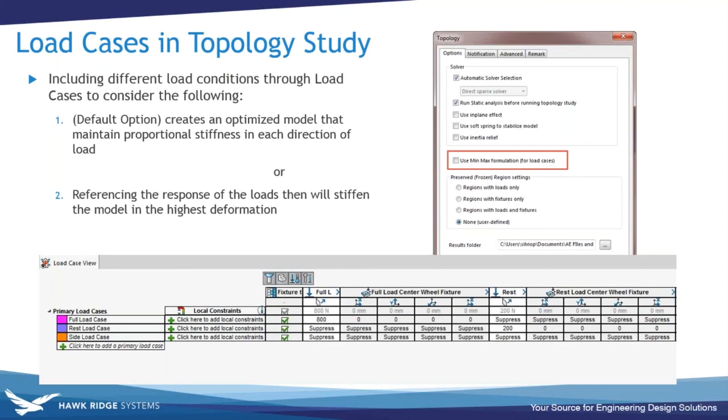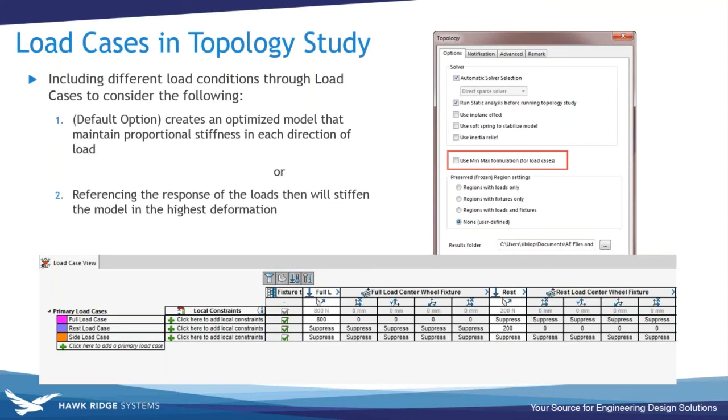Or the other option that we can do is if we go into our study options, we can enable this use min-max formulation option. What this does is allow the study to reference the response of the loads and then stiffen the model in the direction or in the area of the model where it's seeing the highest deformation.